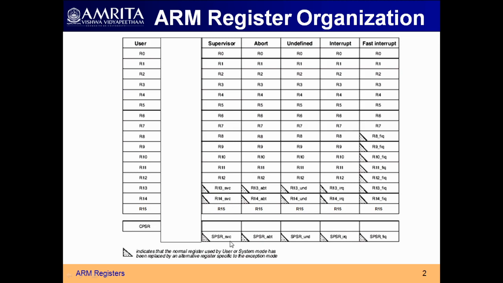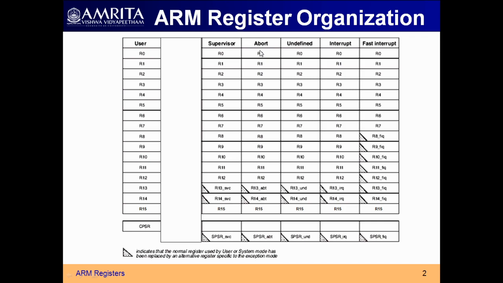Then one more additional register will be there. It is known as SPSR underscore SVC. SPSR is known as saved program status register. What is the function of this? We will see later. So in supervisor mode, you are having another set of these 3 registers. All the other registers remain same as in the user mode.